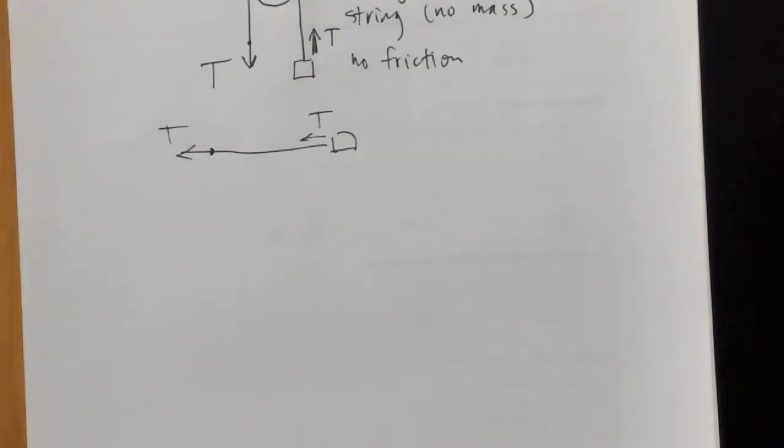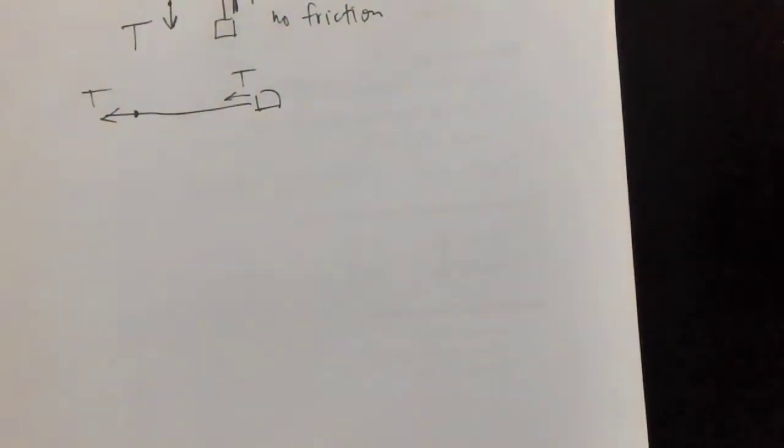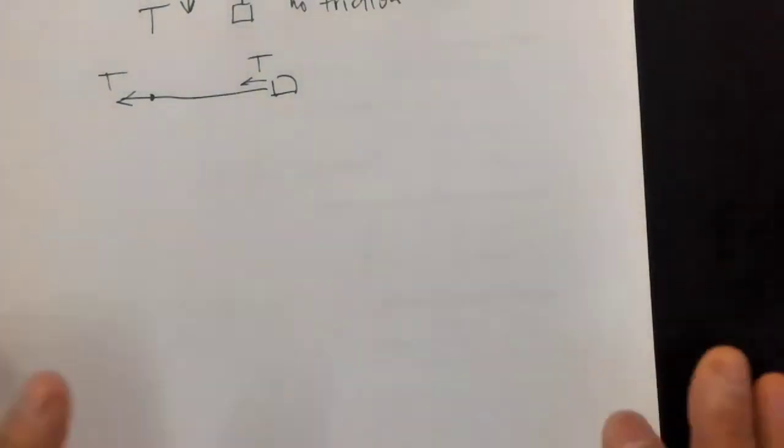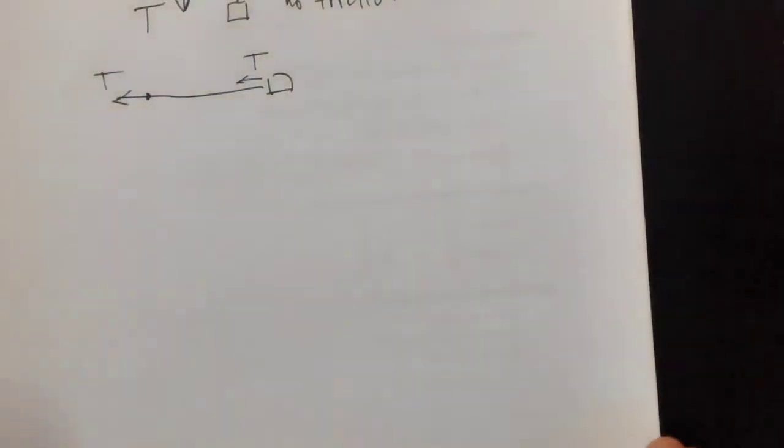Now, I'm going to show you a trick to solving some pulley problems that we developed. After teaching this several times, I realized this was a shortcut. So I'm going to teach you a shortcut that's not in your textbook. And hopefully it's useful. If it's not, you can learn it the way it's in the textbook.